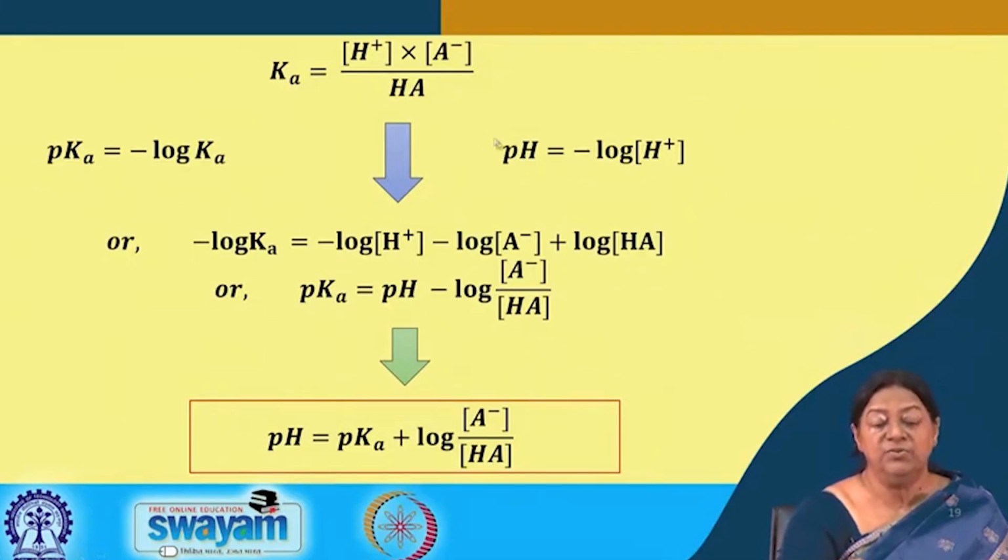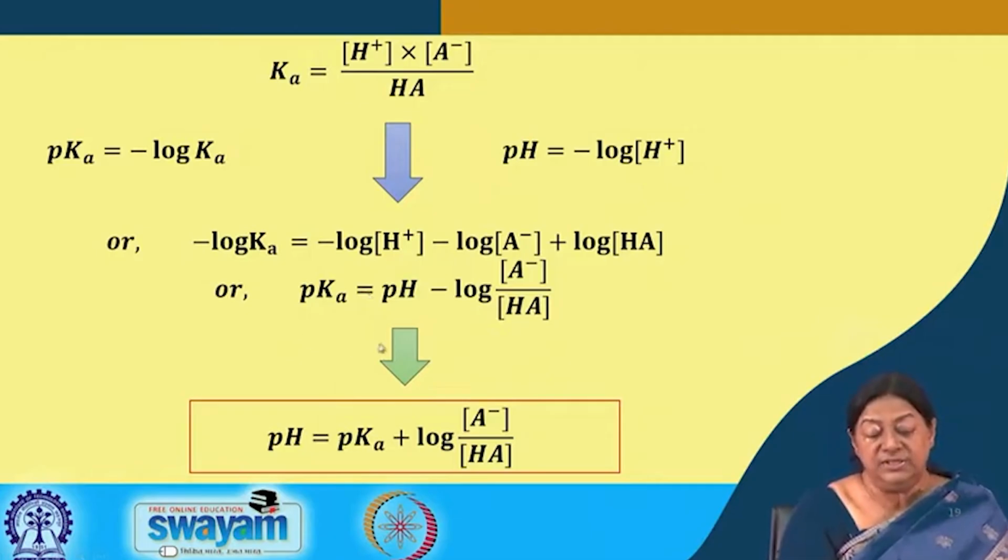So, now we can reorganize this equation into a system where we say that minus log Ka is going to be equal to minus log H plus minus log A minus plus log HA, which is nothing but a bit of algebra on this specific expression. What this works out to be is pKa equal to pH minus log A minus over HA.